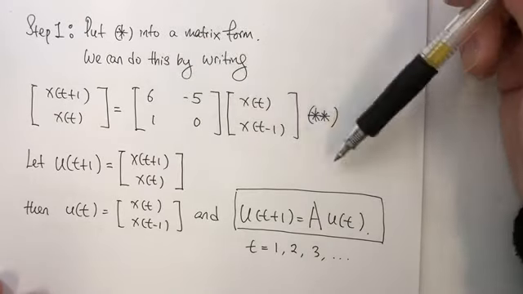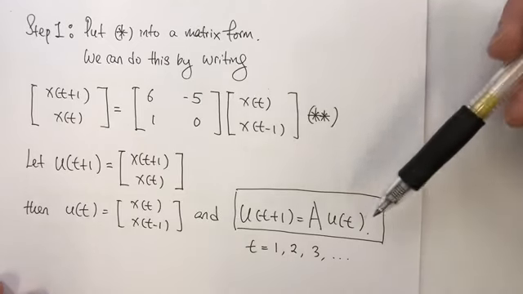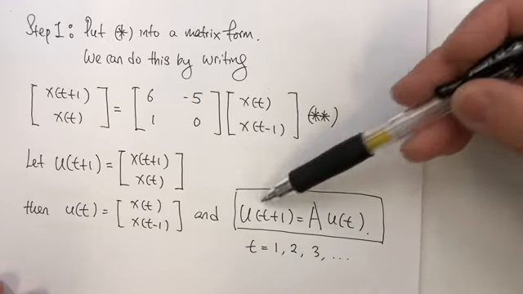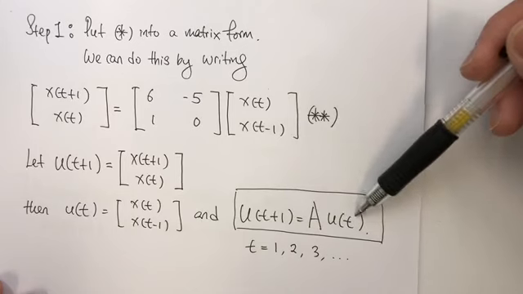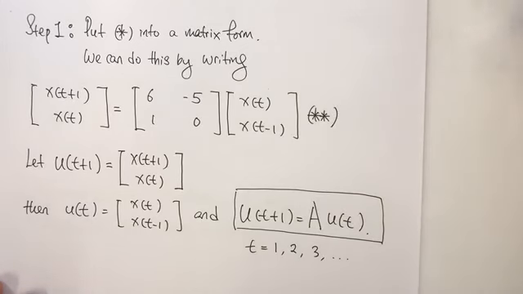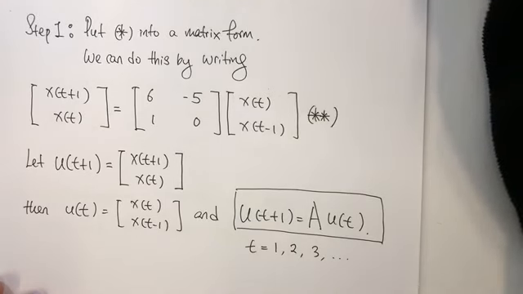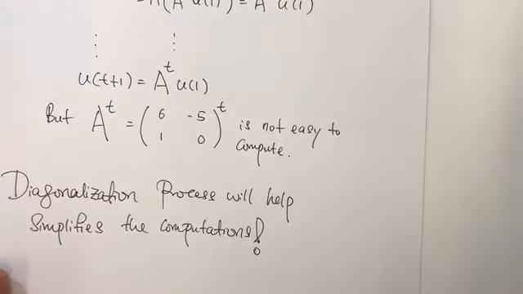So this whole system, equation double star, is reduced to this equation. This is a 2x1 column vector, this is a 2x1 column vector, and this is a 2x2 matrix. This is how we encode the difference equation, or the recursive relation, into a matrix form.